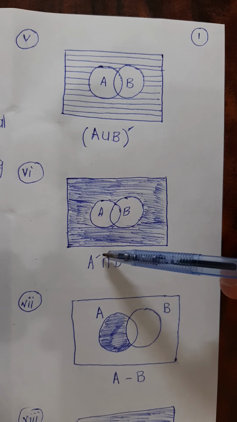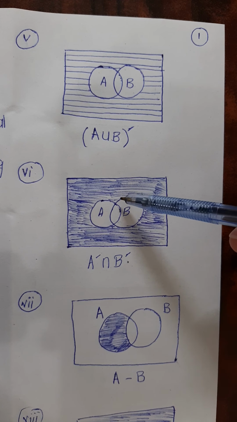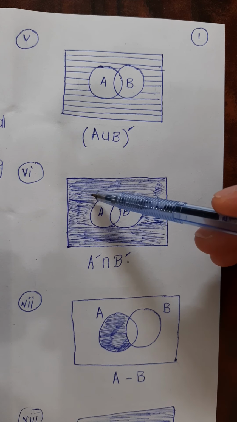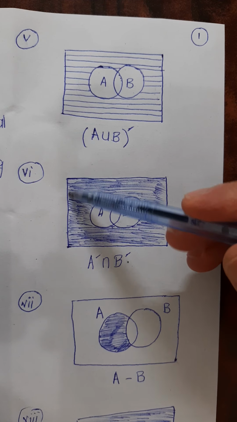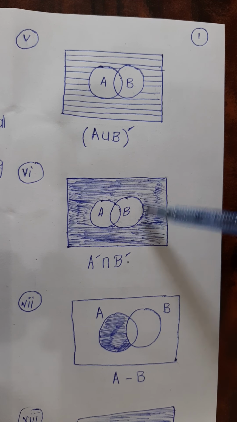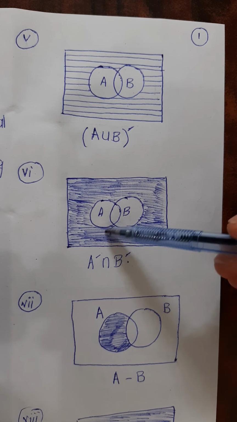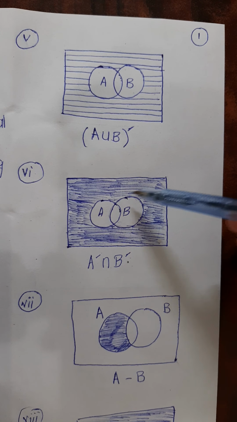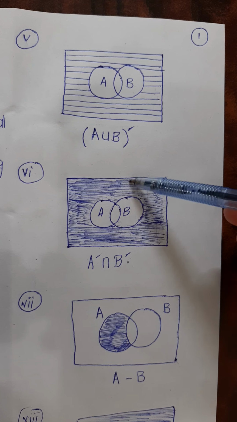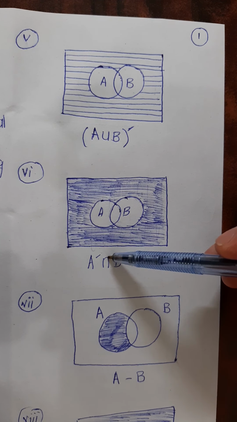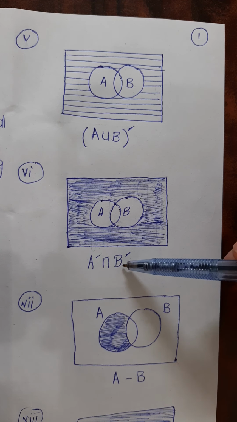As you know, A complement is the region other than the circle A, so we will have this region in A complement in which you will not include A. And in B complement, B will not be shaded, and the region outside B will be shaded. For intersection, we have to see the common area of A complement and B complement.